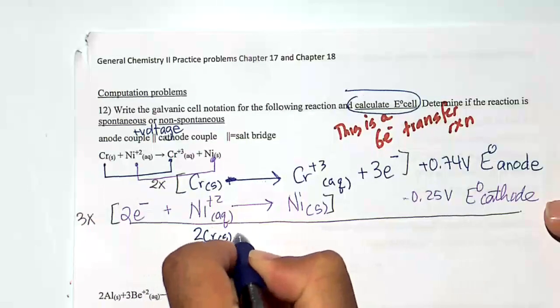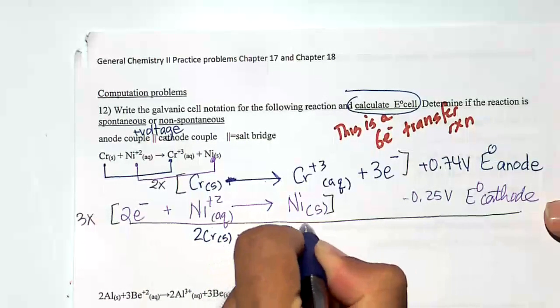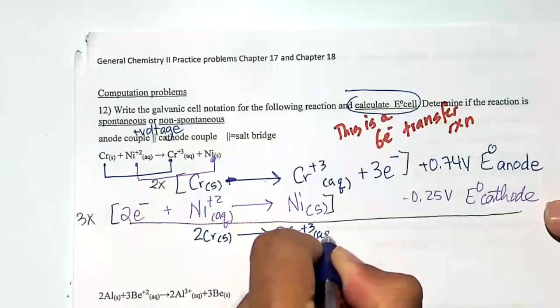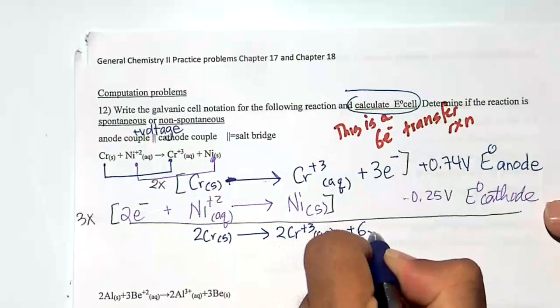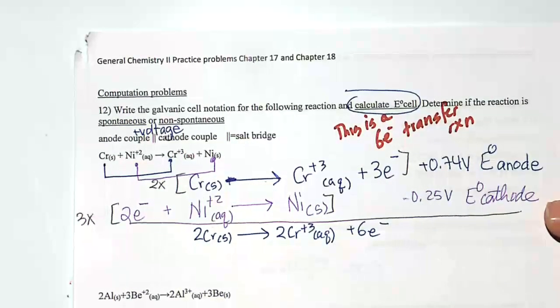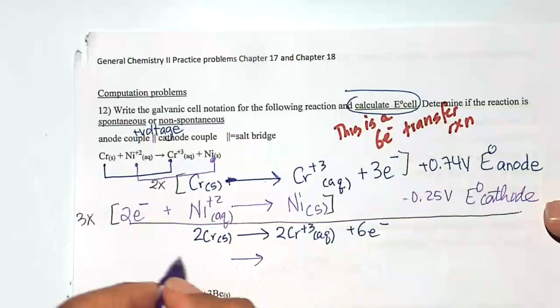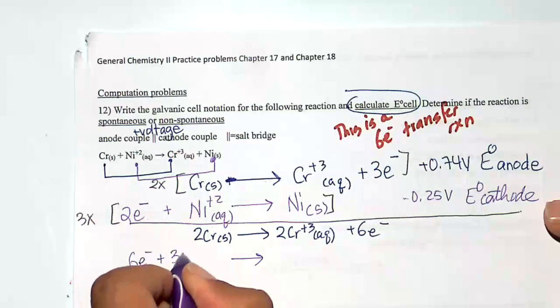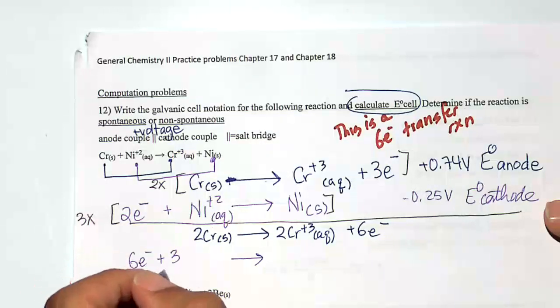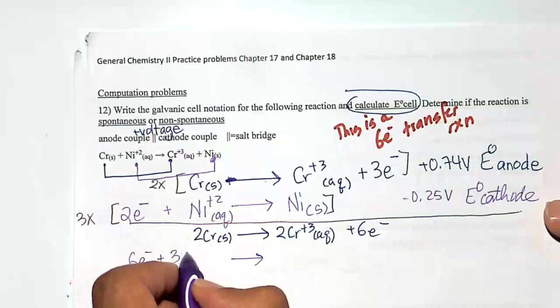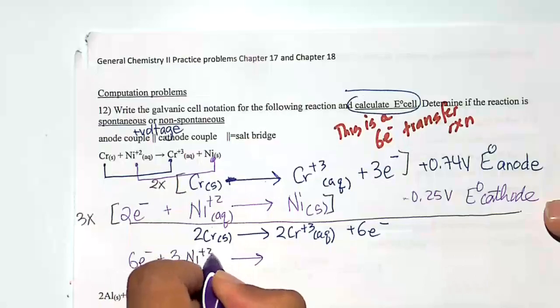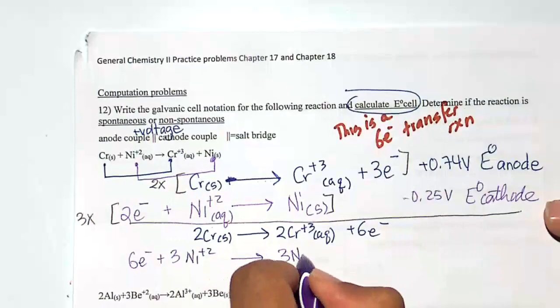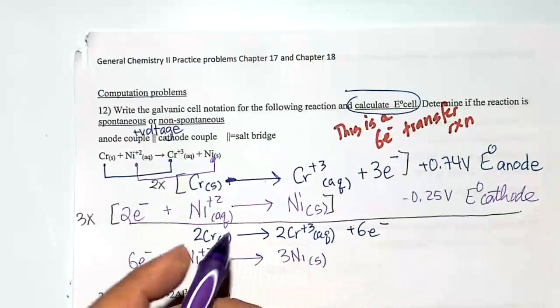We have 2 Cr solid goes to 2 Cr plus 3 aqueous plus 6 e minus. We have 6 e minus plus 3 nickel plus 2 goes to 3 nickel solid.